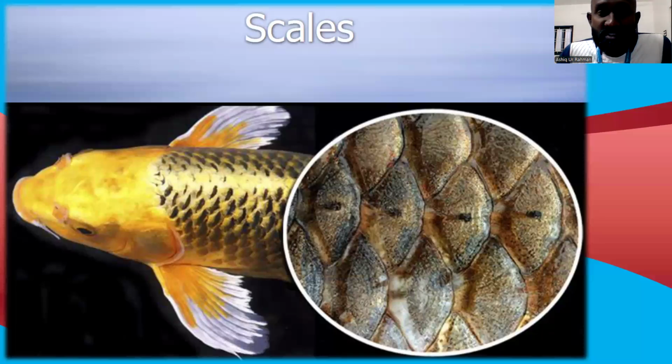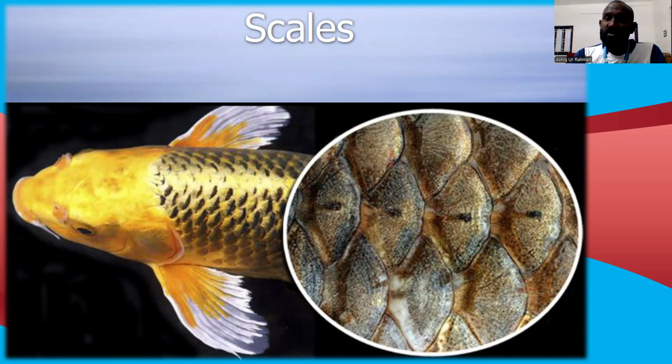Then comes to scales. Scales, we call them செதில்கள், the fish's scales. We will remove all these scales before cooking, right? Those scales play a vital role in defining its morphology or identifying the fish species, and various functions are also performed by scales.